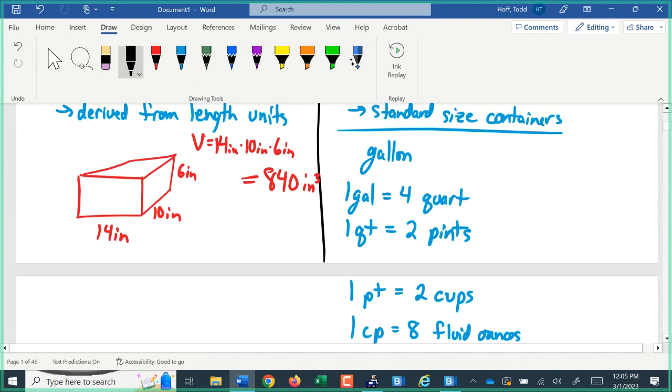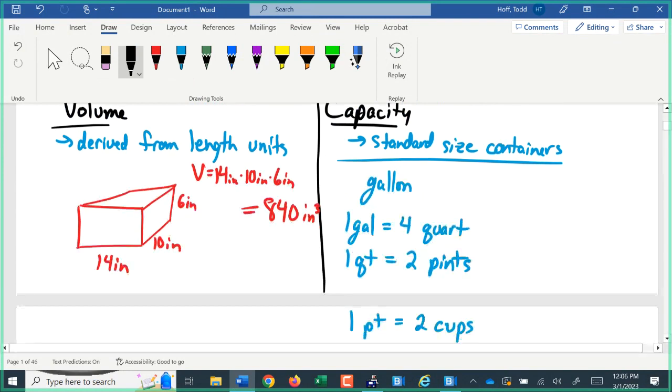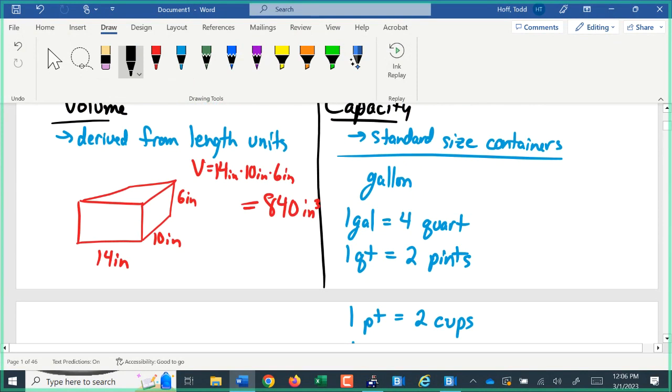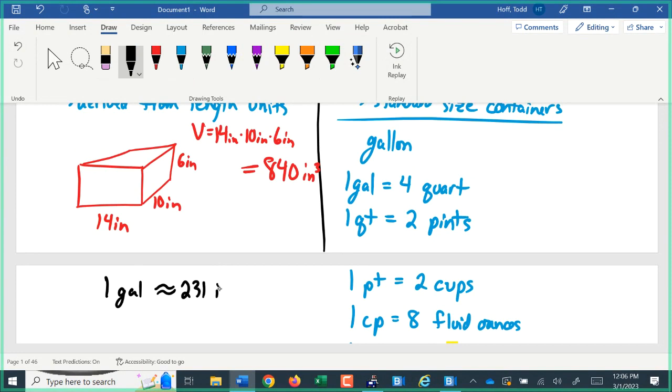Now, we said that volume and capacity here are really just 2 different ways of measuring the same thing. They're measuring how big something is, or how much it holds. So it makes sense that there should be some sort of a conversion between them. However, there was not. They developed totally independently. So the conversions are pretty approximate. 1 gallon is approximately 231 cubic inches.